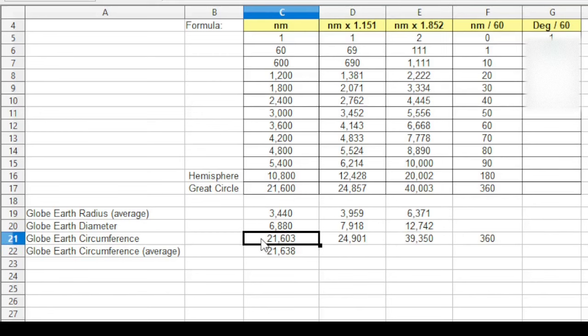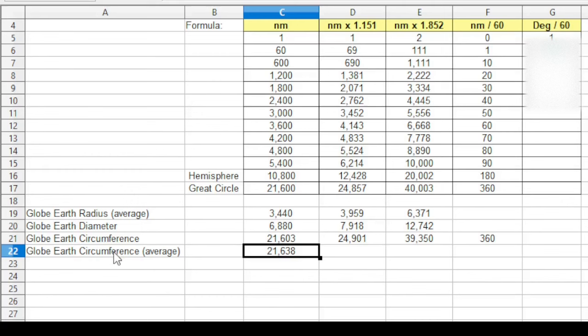And then, of course, by doing these conversions using pi, with either the radius or the diameter, we end up with a circumference for the globe Earth model of 21,603 nautical miles, or 24,901 miles, and 39,350 kilometers.